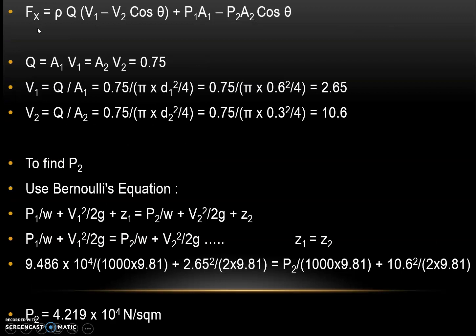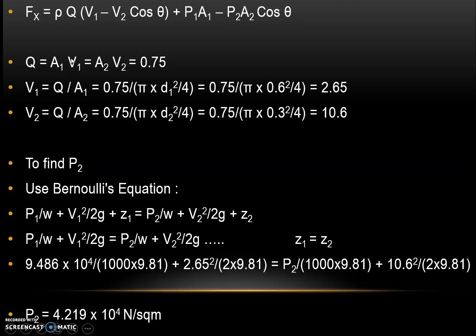So to begin with, we will find out what is Fx, which is equal to rho Q into (V1 minus V2 cos theta) plus (P1 A1 minus P2 A2 cos theta). We'll use the continuity equation to find the values of V1 and V2. Q equal to A1 V1, which is equal to A2 V2, which is equal to 0.75, the value of discharge.